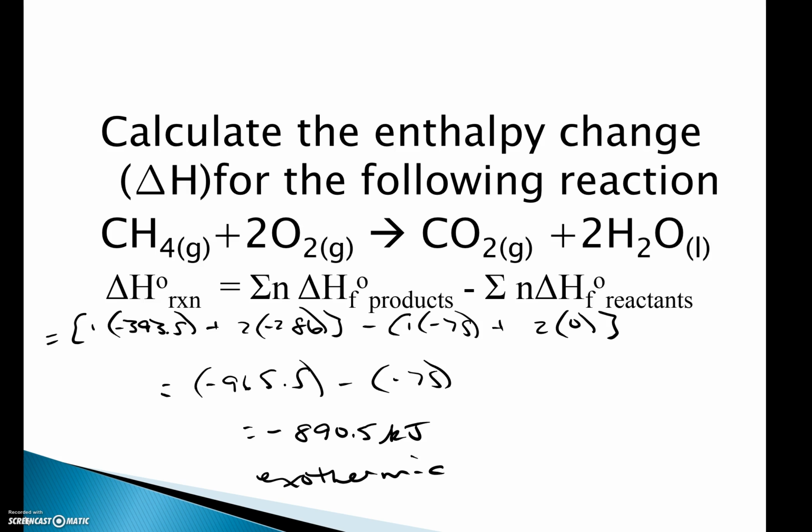And remember that free elements have an enthalpy of formation value of 0 because they're not compounds being formed from their elements. We'll plug those values into the calculator, and we're going to get negative 890.5 kilojoules, which we can then plug into that equation on the product side, since it's energy that's being lost. And that tells us that the reaction is an exothermic process.